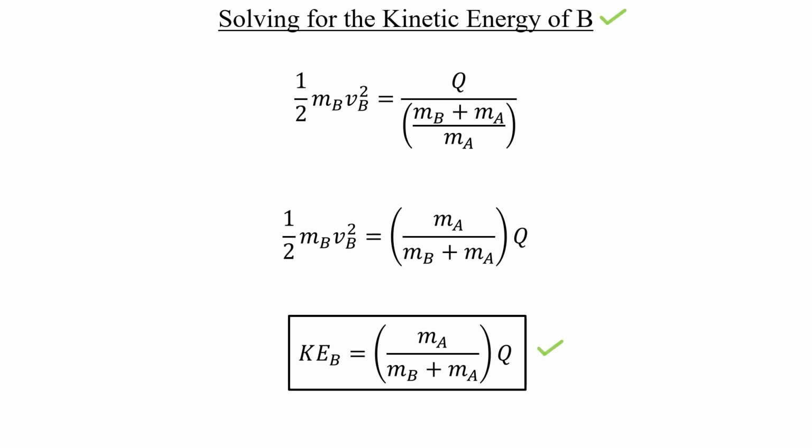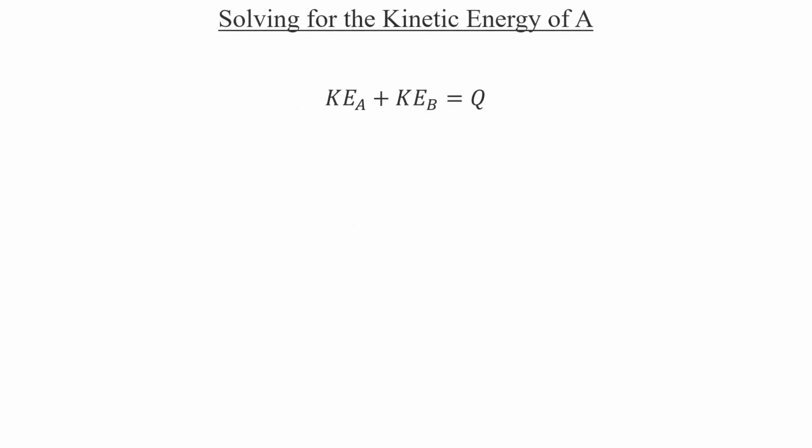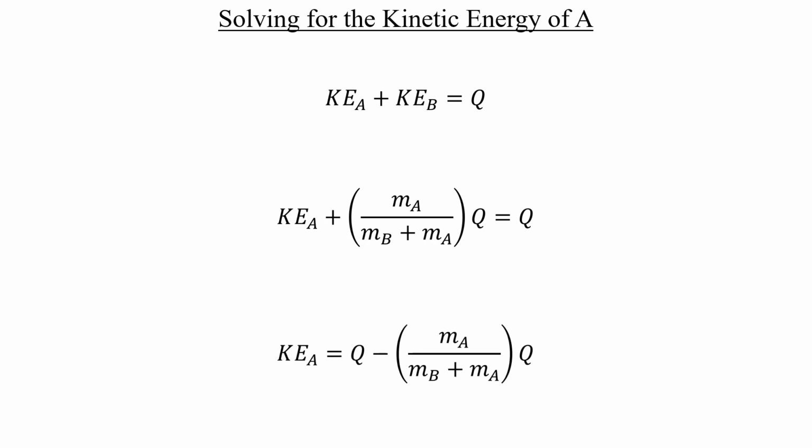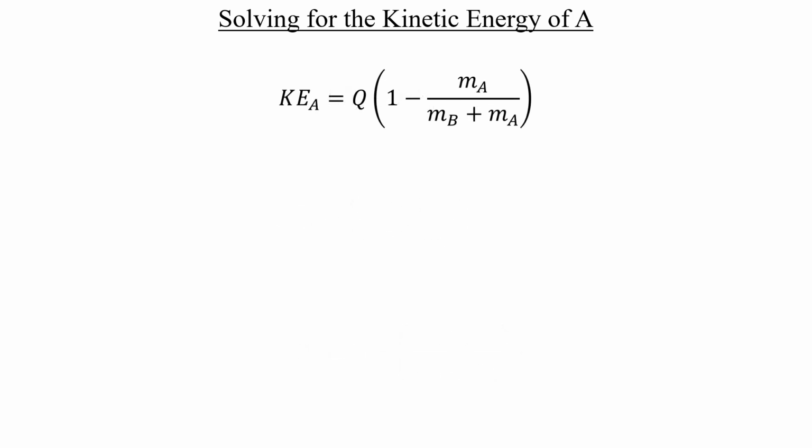To get the other half, let's go back to step 1 in the energy equation and then plug in the expression for the kinetic energy of B. I'm going to subtract it on both sides to isolate A's kinetic energy on the left, and then we can also factor out Q. Again, we're going to craft another common denominator between these two values inside the parentheses by multiplying by a special form of 1.